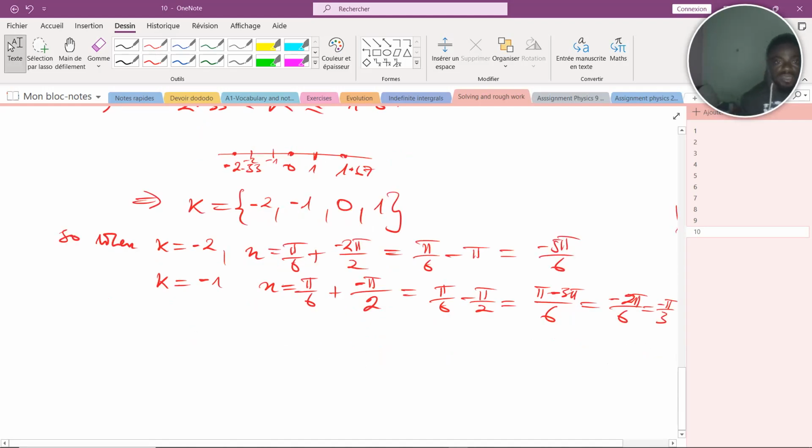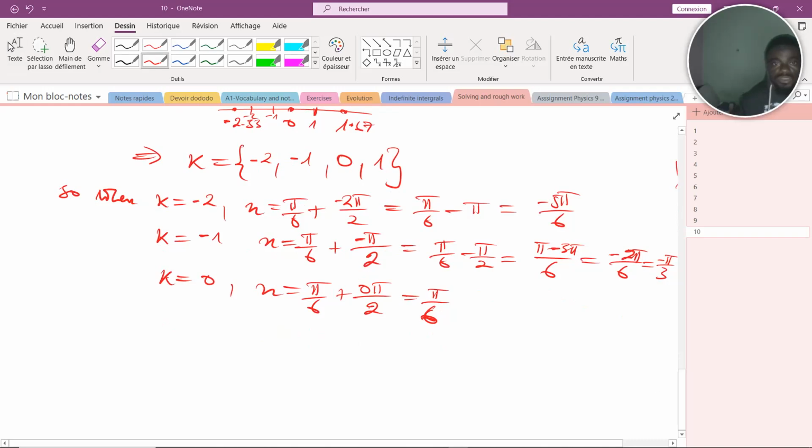So that's the next. When k is equals to 0, what do we have? x will be equals to pi on 6 plus 0 pi on 2. Is that okay? So this will be equals to pi on 6. Is that okay? Then the last one, when k equals to 1, we're going to have x being equals to what?